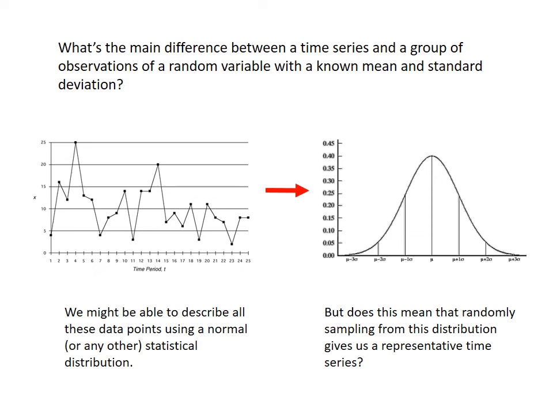And it might look exactly like the probability distribution on the right, but the question is, does that mean that randomly sampling from the distribution on the right, even though it does characterize over time the probability of getting any one of those points, will give us a time series that looks something like what we have on the left? And the answer is no, and we'll talk about why.